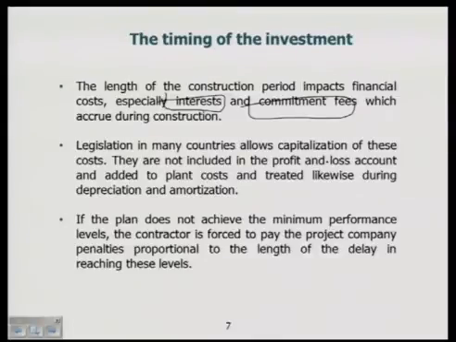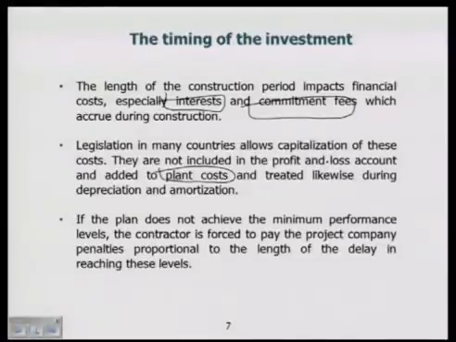Legislation in many countries allows capitalization of these costs. They are not included in the profit and loss account, but added to the planned costs and treated likewise during depreciation and amortization. If the plant does not achieve the minimum performance levels, the contractor is forced to pay the project company penalties proportionate to the length of the delay in reaching these levels.